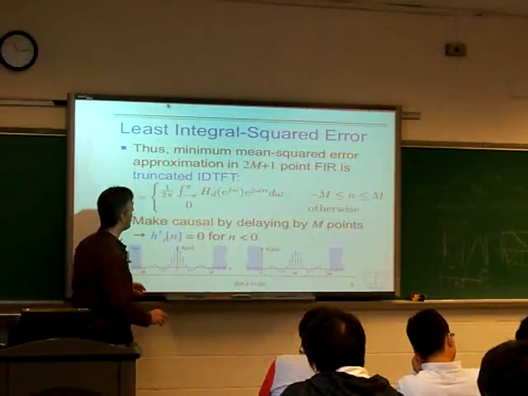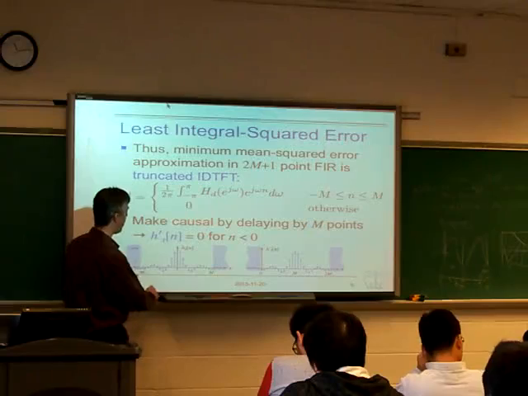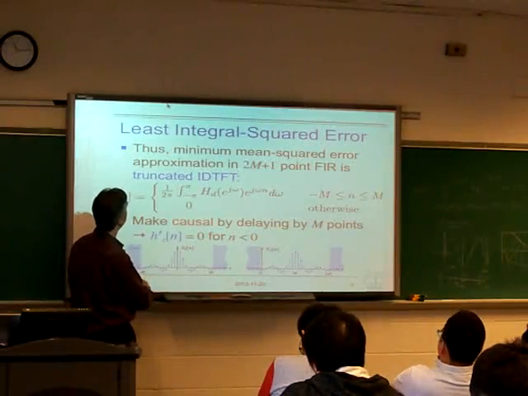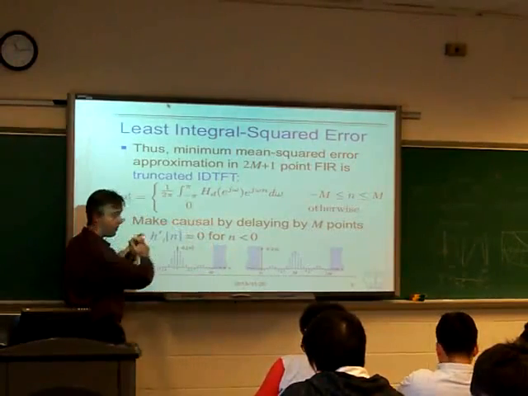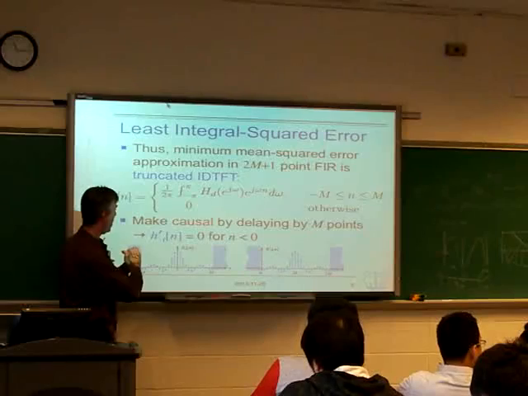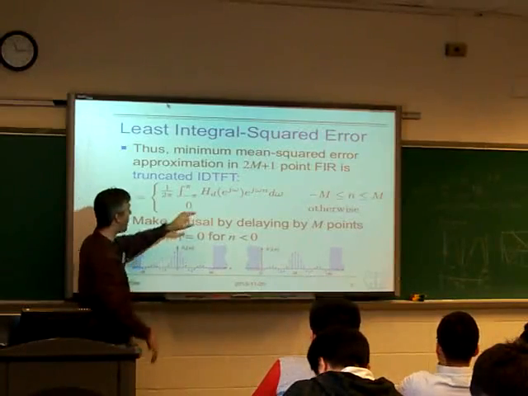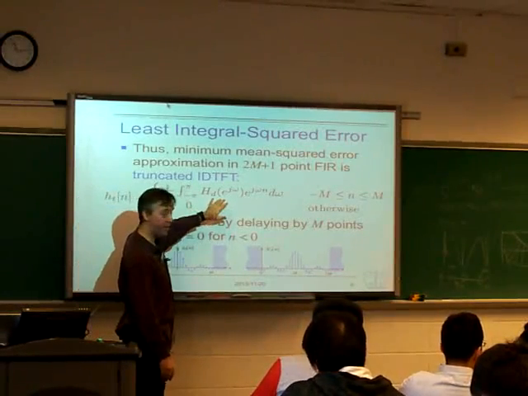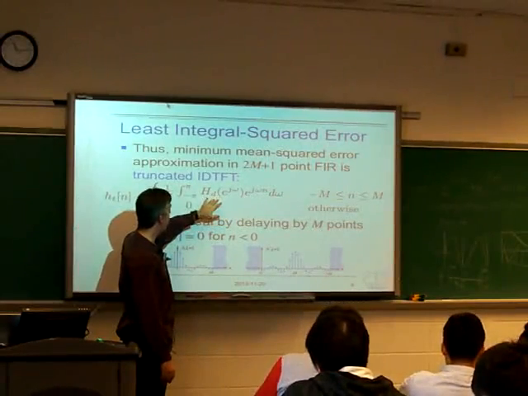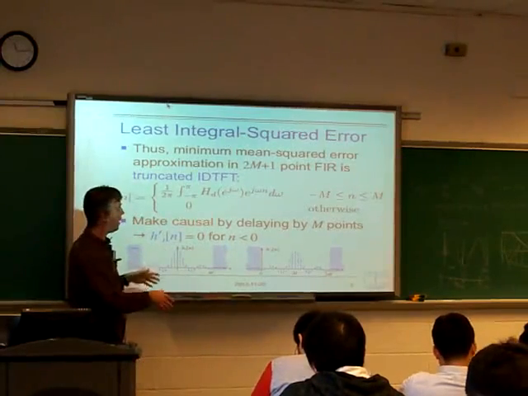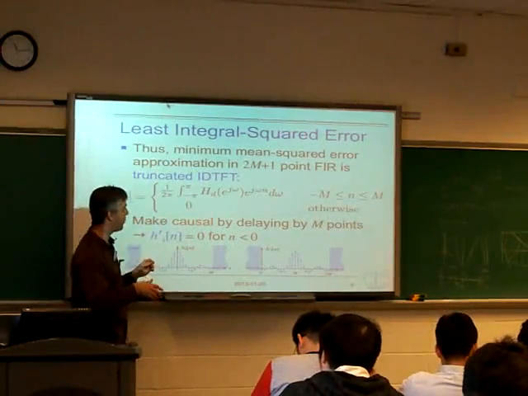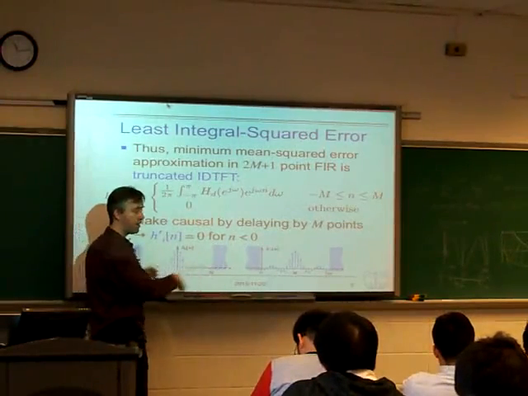So I'm saying that if we've got some ideal desired frequency response, HD, then we can calculate its inverse DTFT by using the IDTFT equation here. And for an HD which is an ideal brick wall filter, we calculated that, and it looks like this sinc function.